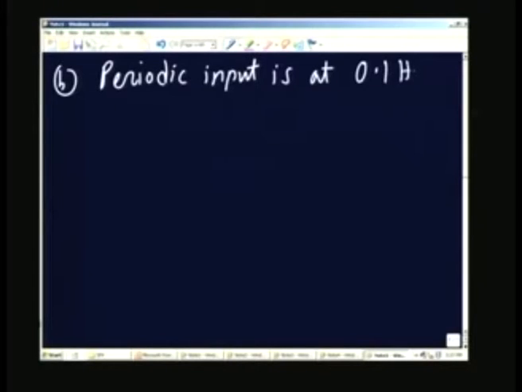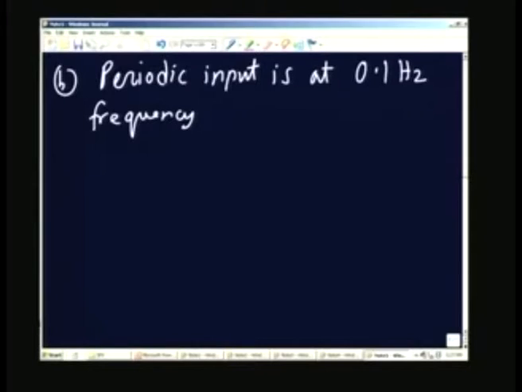Now, let us look at a typical case where a periodic input is at 0.1 hertz frequency. We would like to find out what is the amplitude reduction, and also we would like to find out what is the time lag, what is the phase lag.